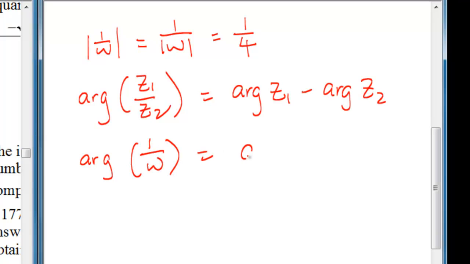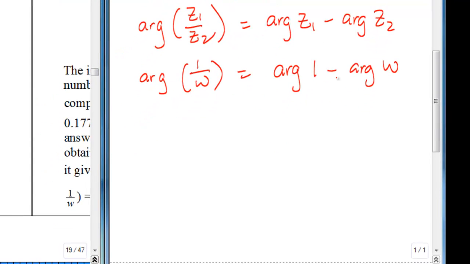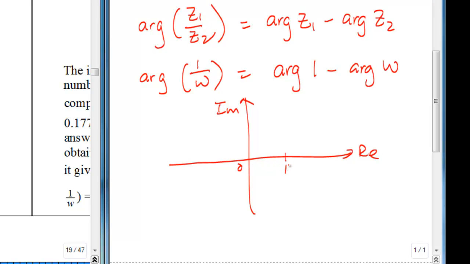So we have argument of 1 minus argument of w. Now, argument of 1 is actually 0. As you can see here in the Argand diagram, the number 1 is over here. It's actually a real number, so we only have one unit. It has no imaginary part.